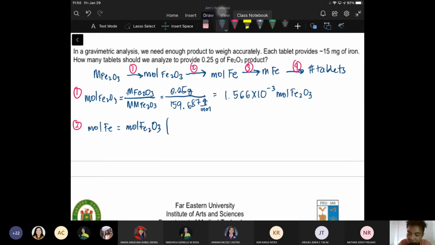And then you convert it into moles of iron. Sino yung nasa denominator para makancel? Yung mole ng iron 3 oxide. So that magka-cancel sila. Ano yung nasa taas? Yung mole ng iron. Kasi yun yung gusto mo.